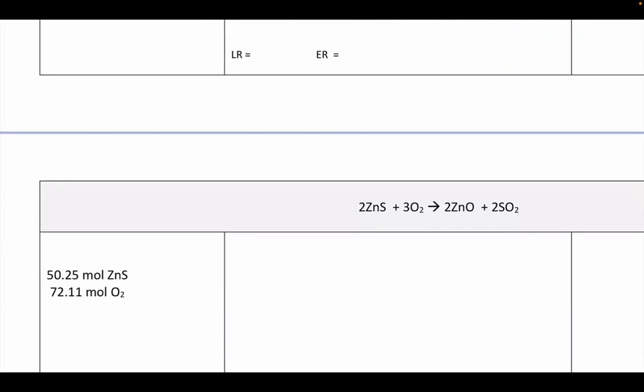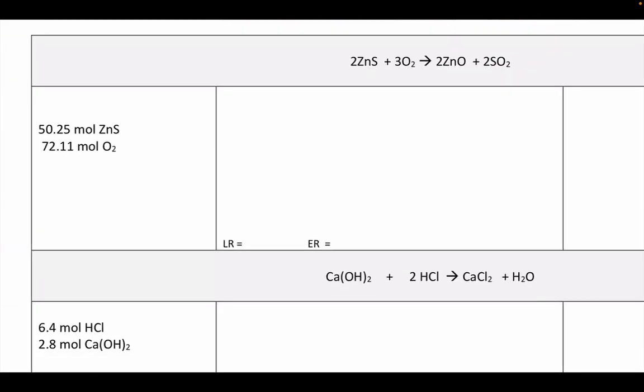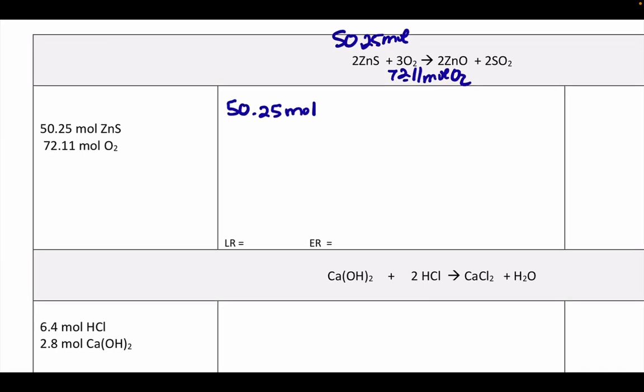Let's do two more. So now, again, I'm going to label. So there's 50.25 moles of zinc sulfide, 72.11 moles of O2. So I'm going to do both again, but again, just choose one of the given amounts, use the mole-mole ratio to switch to moles of the other reactant.